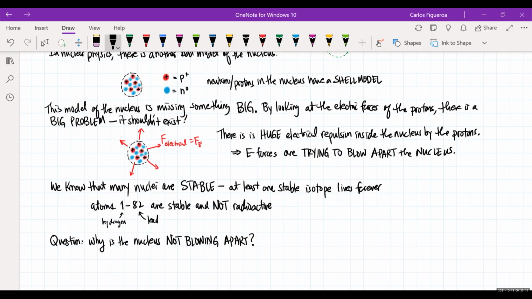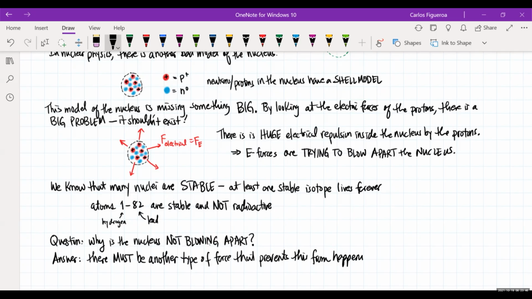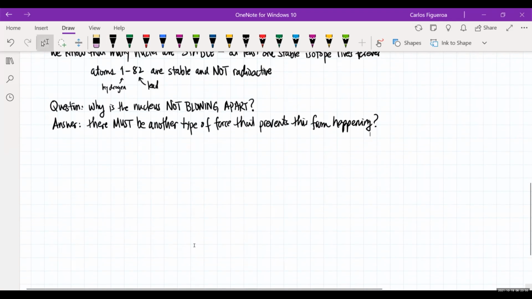And the answer is that there must be another type of force that prevents this from happening. Right? There must be something else. And this is where we go to the next piece.